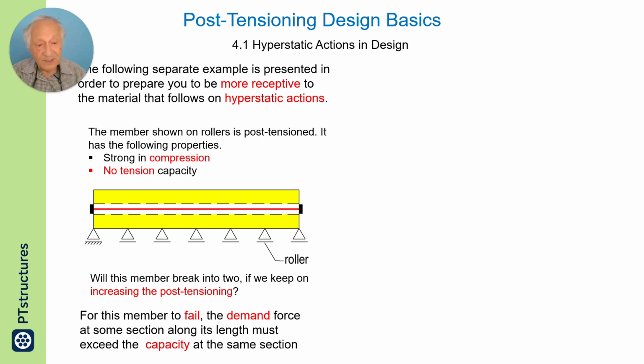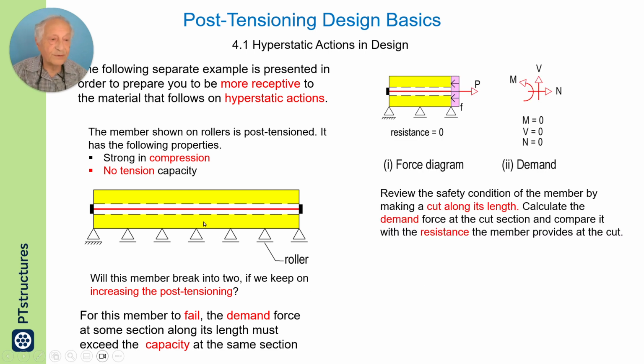If the member cannot develop adequate capacity for the demand, then it fails. Otherwise, there is no reason for it to fail. In order to determine this, I will make a cut somewhere along the member. What you see here is a cut from the left. And when I make a cut, on the right, I first calculate the demand.